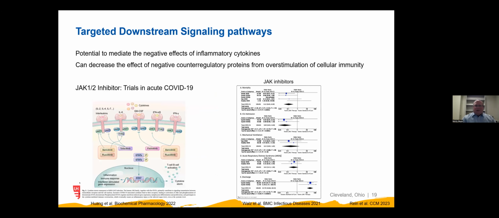Now, we already talked about the fact that blocking a single cytokine like TNF-alpha or interferon gamma might not downregulate the entire system. And so using inhibitors of downstream signaling pathways might actually be helpful. There are several JAK inhibitors which are used in cancer therapies to decrease inflammation and augment immune function.